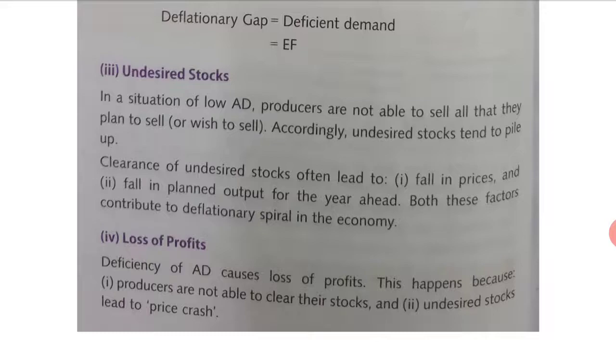Okay, so the last reason is loss of profits. Because you are selling the goods at the minimum cost, profit will be less. Sometimes it may lead to total loss. So deficiency of aggregate demand causes loss of profit. Here loss of profit refers to reduction in the profit, and it may lead to total loss also.